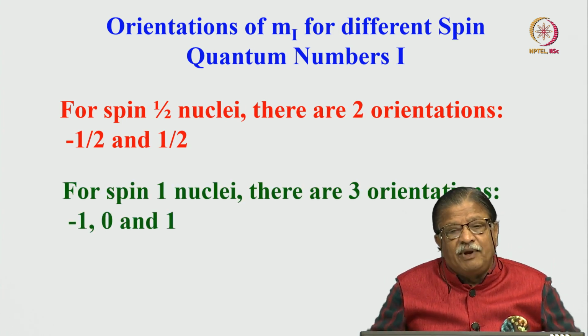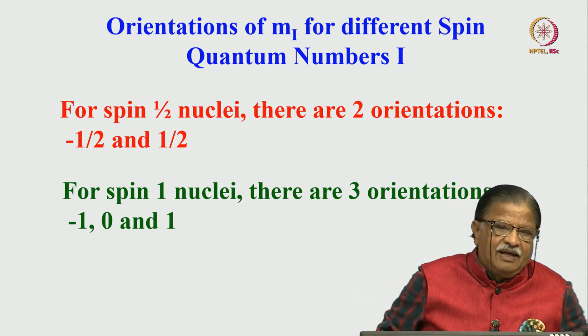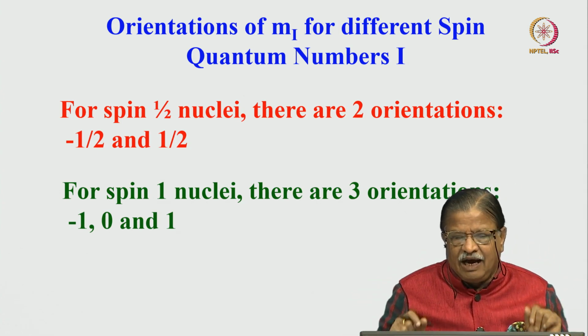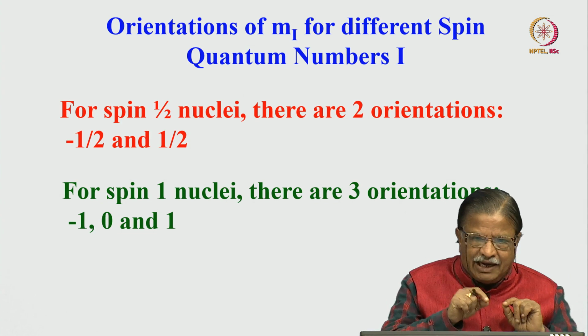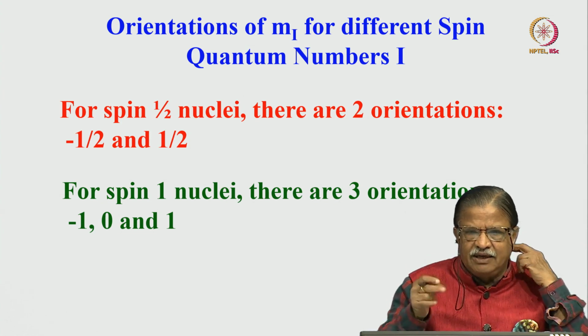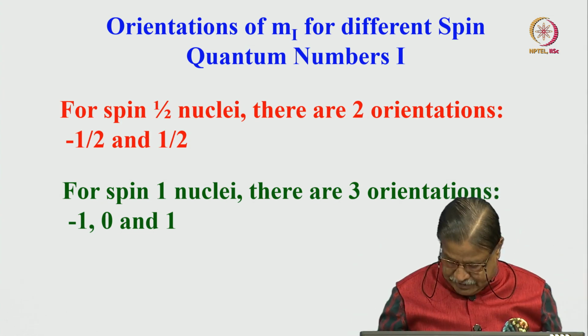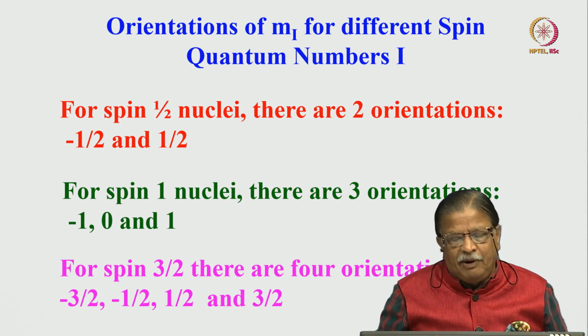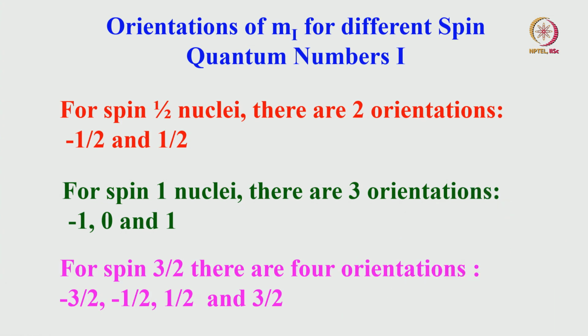And go to the spin 1 nuclei. There are 3 orientations. I is equal to 1, start with minus I, that is minus 1, 0 and plus 1. If you go to spin 3 by 2 nuclei, there are 4 possible orientations, which is given by minus 3 by 2, minus half, plus half and plus 3 by 2.